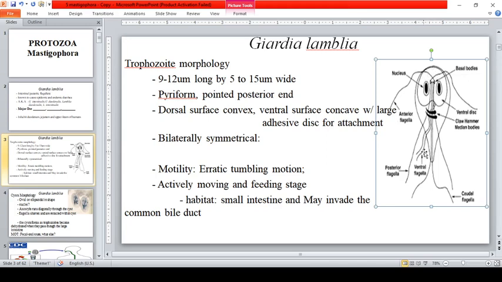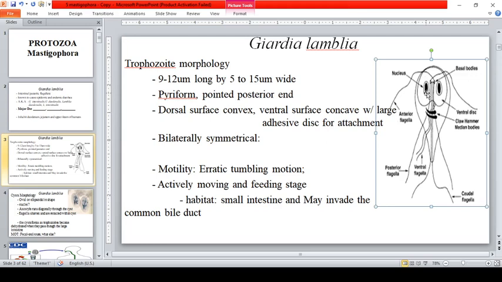This is the convex side, and this is the concave side. So this is the ventral surface, concave, and this is the dorsal surface, convex. The ventral surface is concave with a large adhesive disc for attachment.